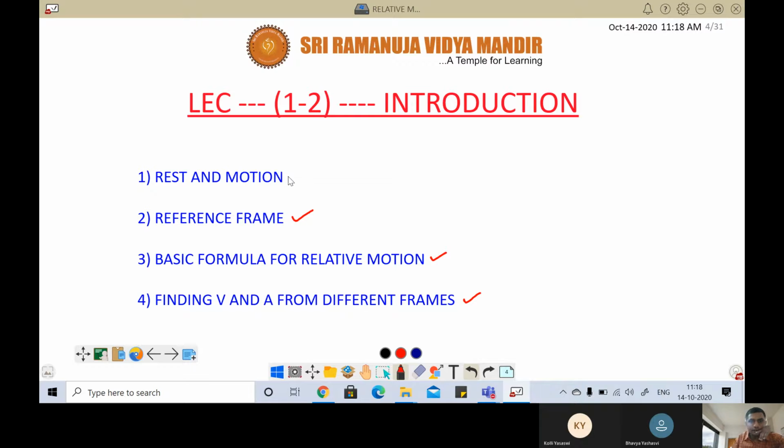Now tell me, Bhavya, Yashasvi, what is the basic formula for relative motion? Once again, I need to study that thing, sir.